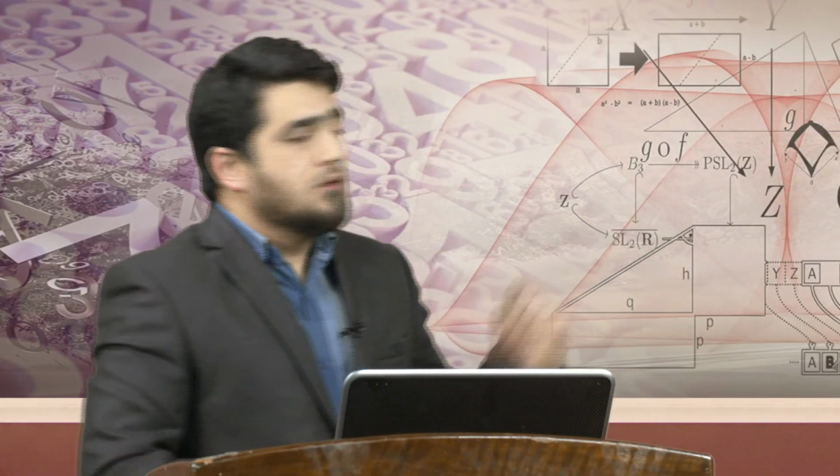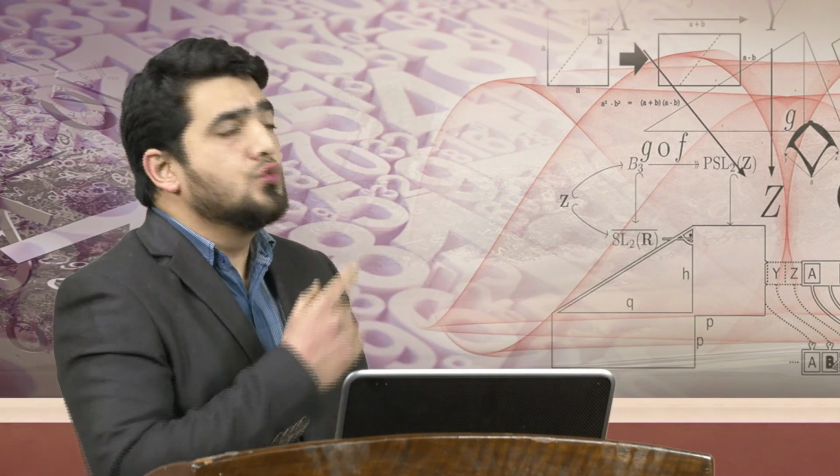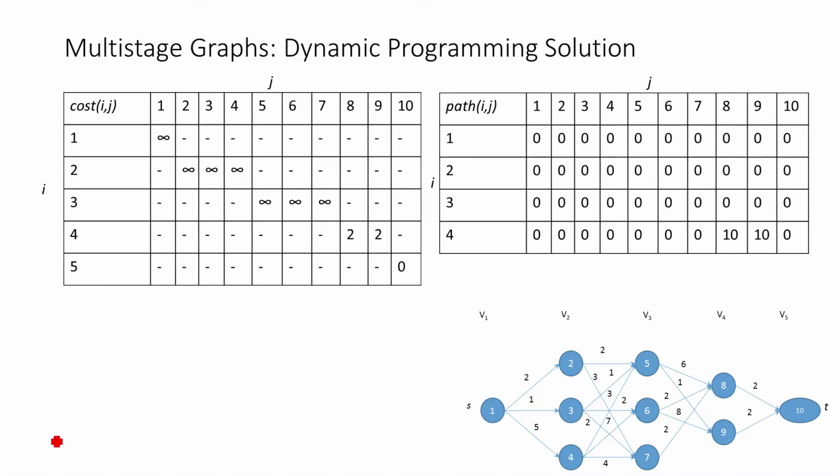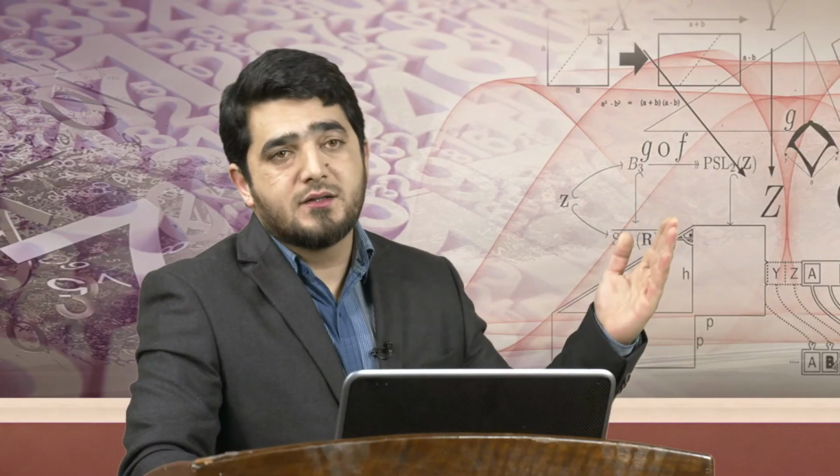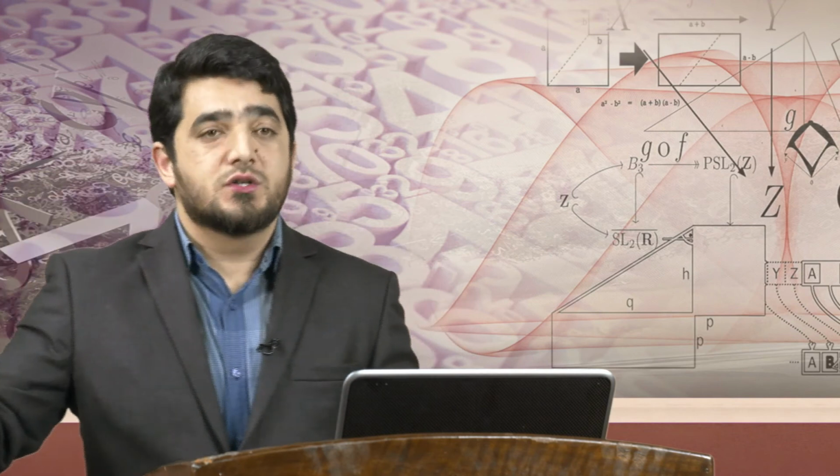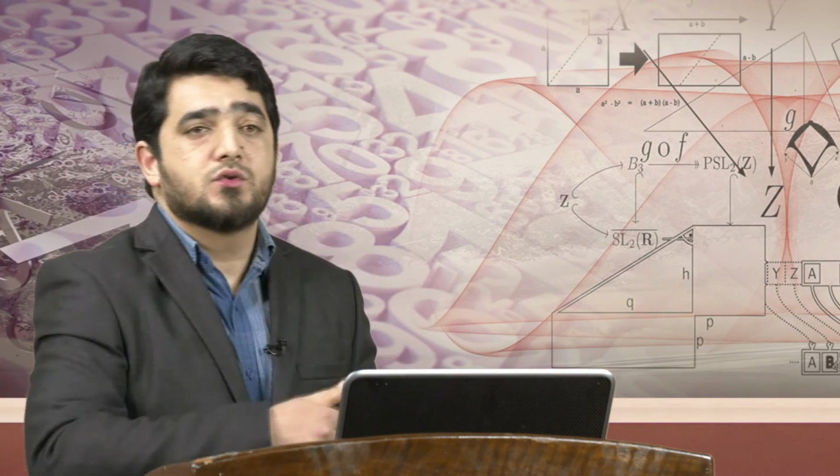Now we have maintained two two-dimensional arrays here. One is cost and another one is path. I'll later tell you how we'll use this path array to find the actual solution, meaning the path from source to destination.